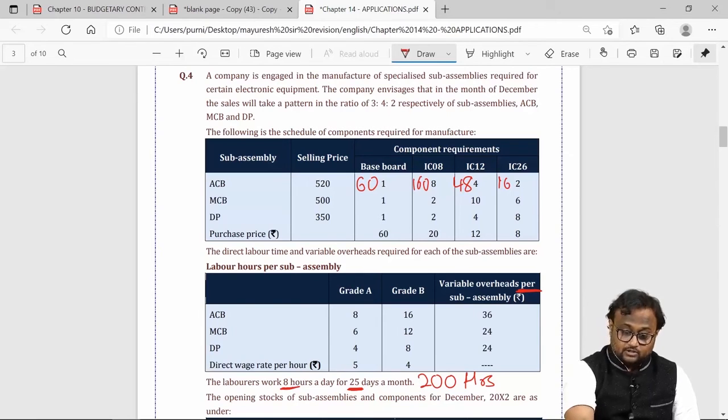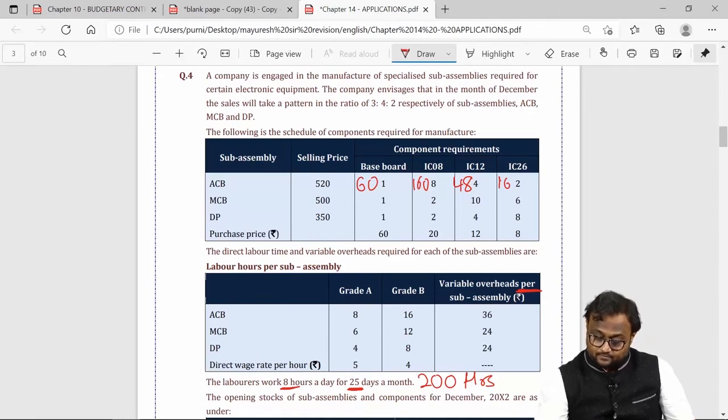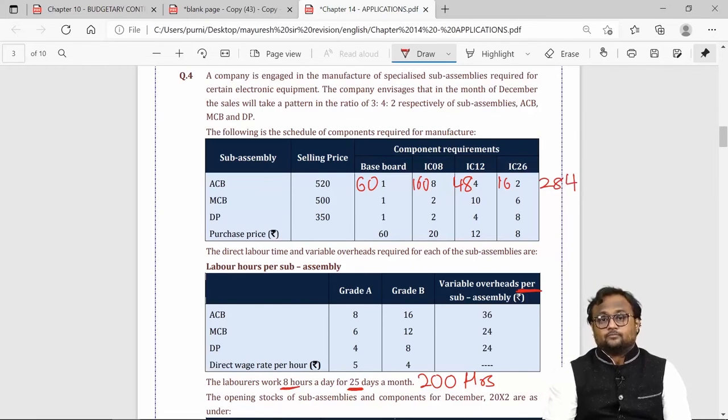So 60 plus 160, 48 plus 16, 284 will be the material cost of ACB. Similar calculation can be done for MCB and DP.